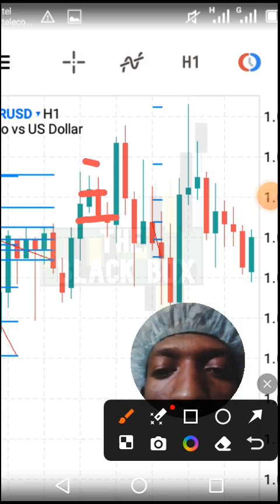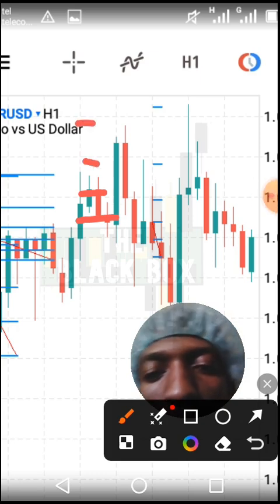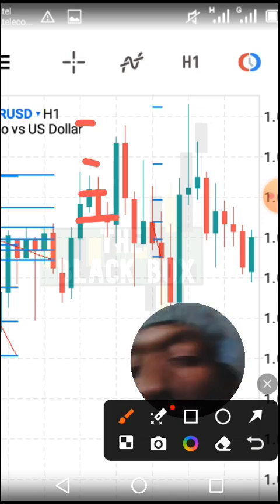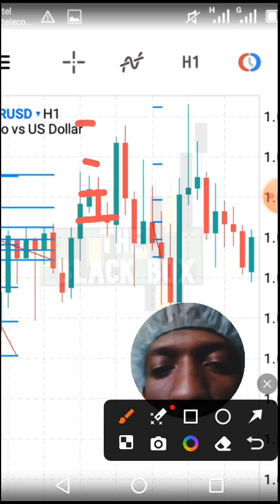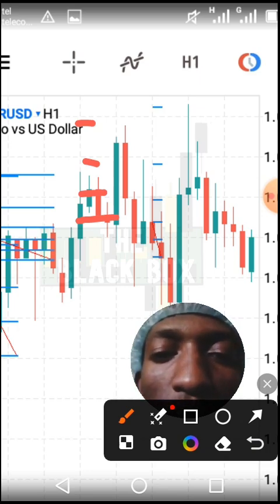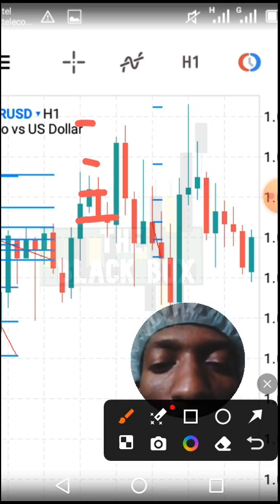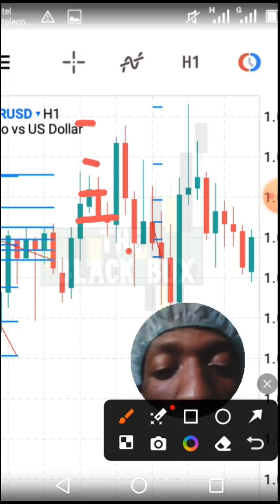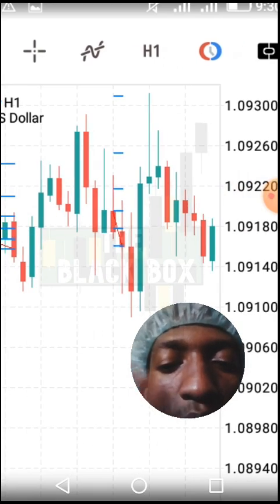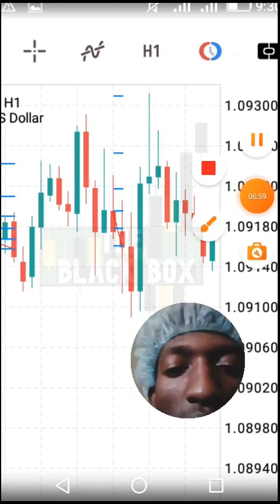Most likely TP2 is hit, which means no entry. No entry on the downside. Unless another black box forms, there is no entry. Okay, we are passing it.